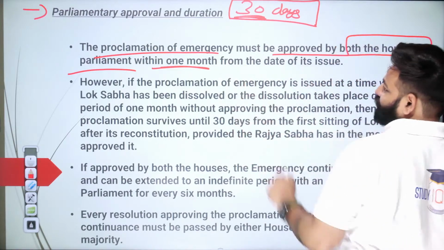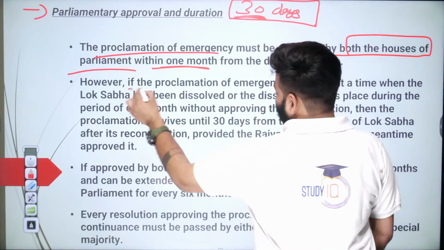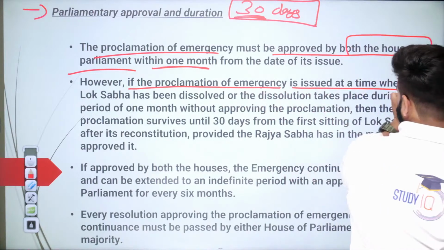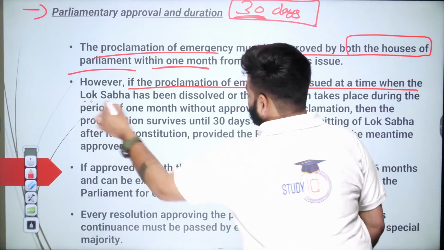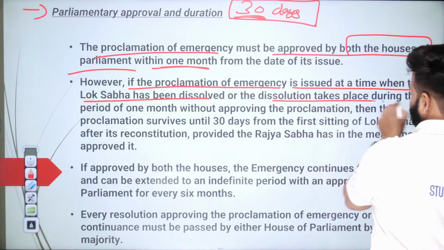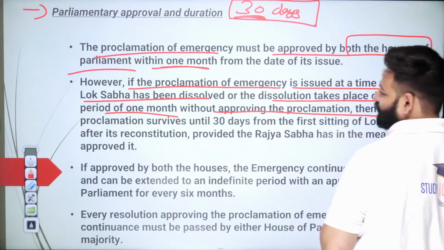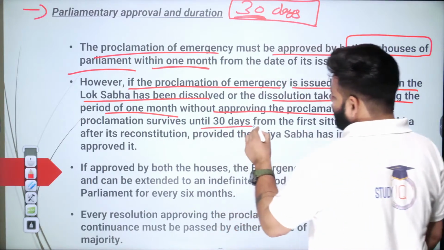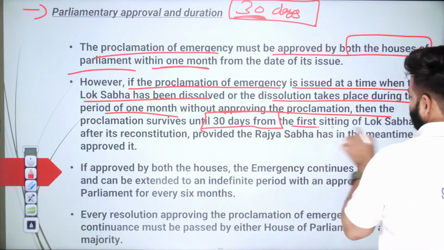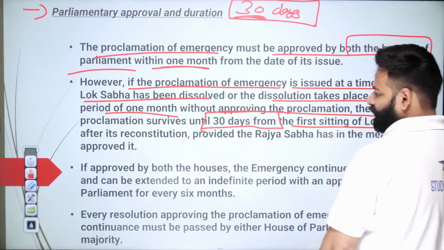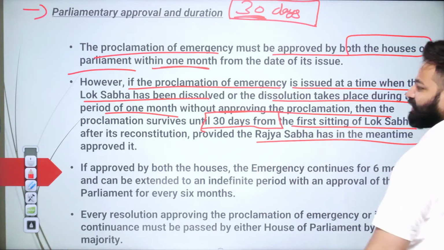However, if the proclamation of emergency is issued at a time when the Lok Sabha has been dissolved, or the dissolution takes place during the period of 1 month without approving the proclamation, then the proclamation survives until 30 days from the first sitting of the Lok Sabha, provided the Rajya Sabha has in the meantime approved it.